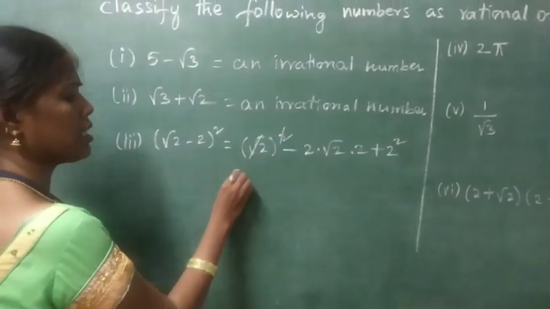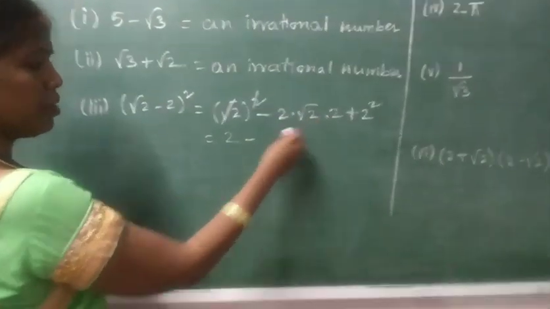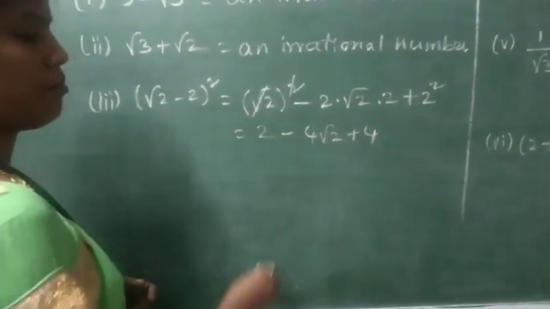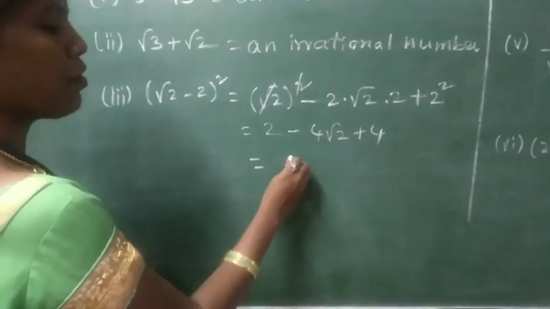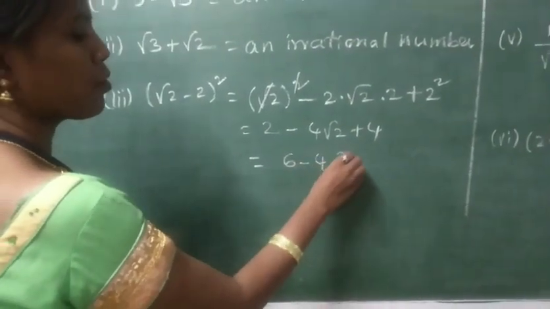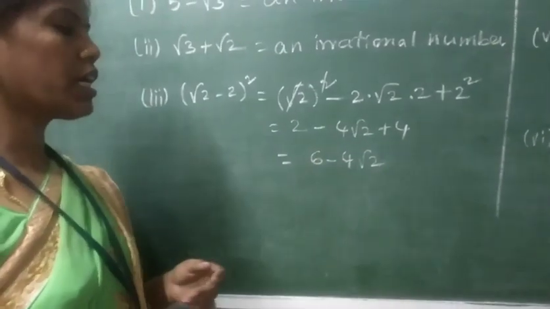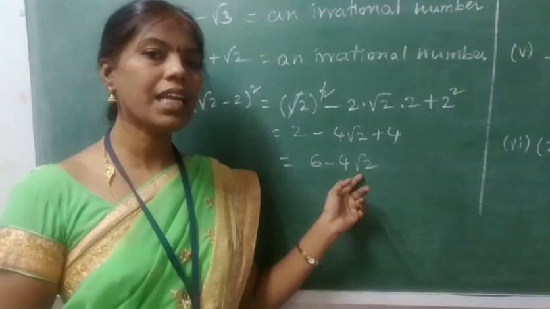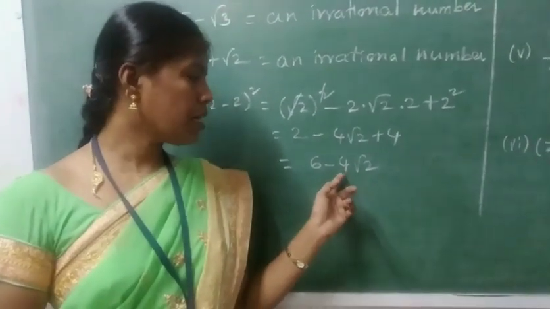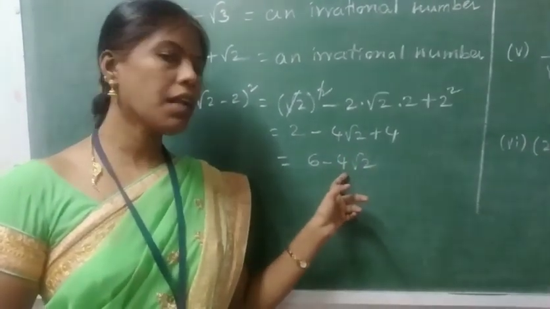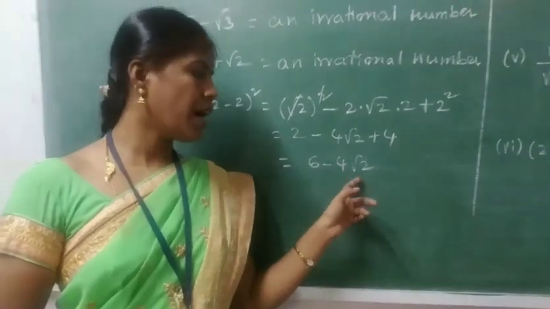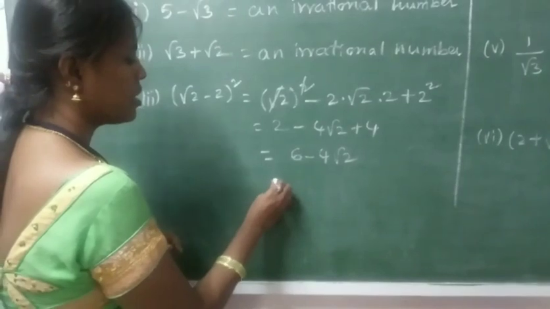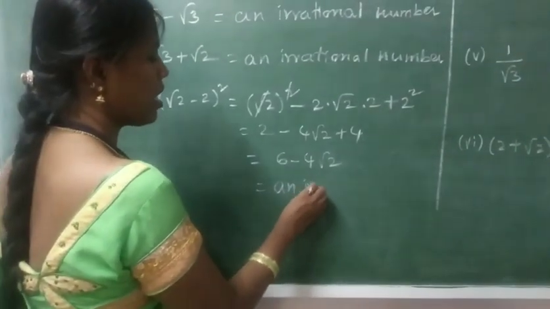The root and square cancel. 2 minus 2 2s are 4 root 2, plus 2 square is 4. So 2 plus 4 is 6, minus 4 root 2. Again what are we getting? 6 is a rational number and root 2 is an irrational number. Here we have the multiple as a rational number, but the difference will be an irrational number only. So this is an irrational number.